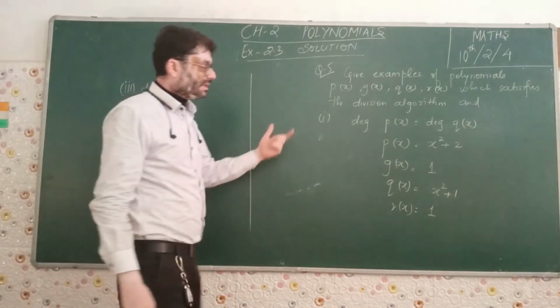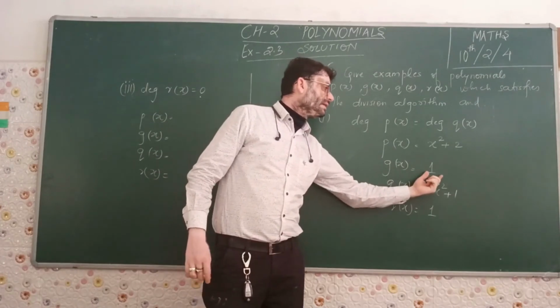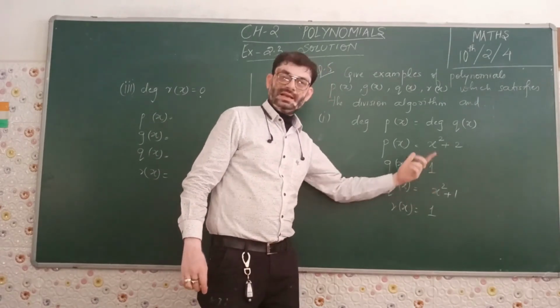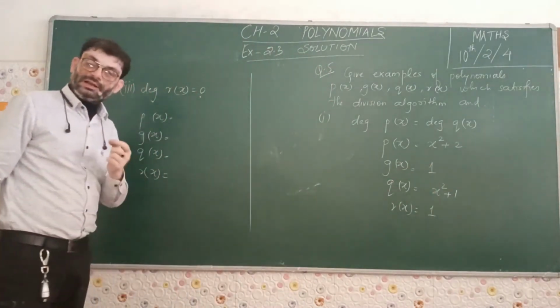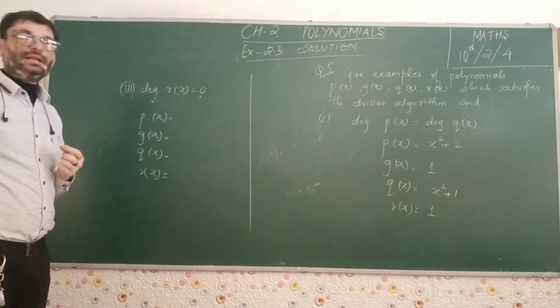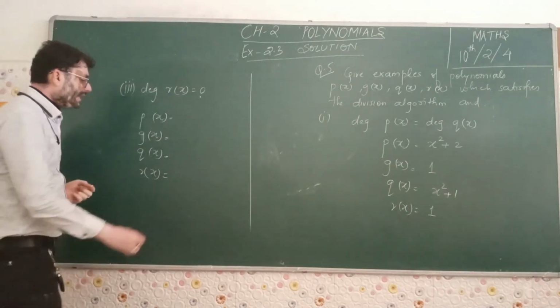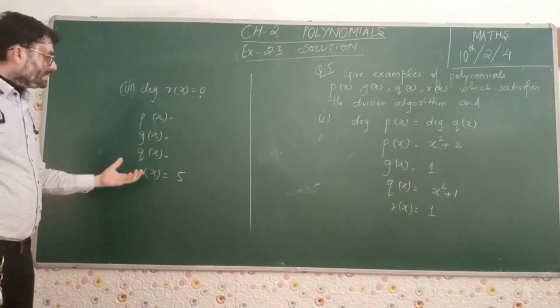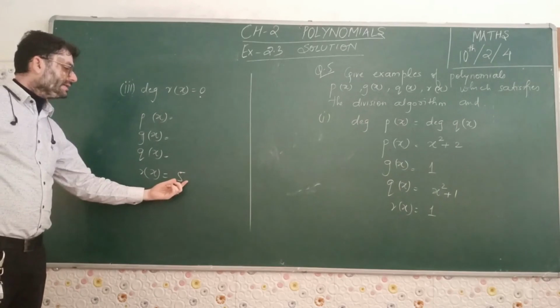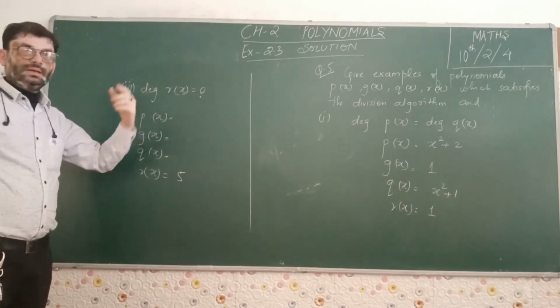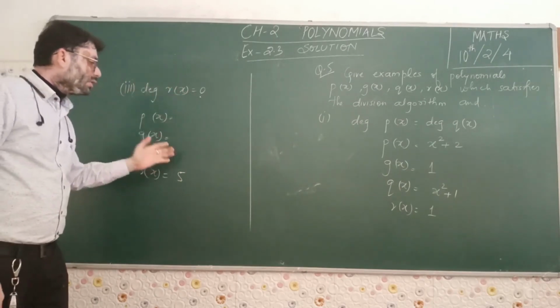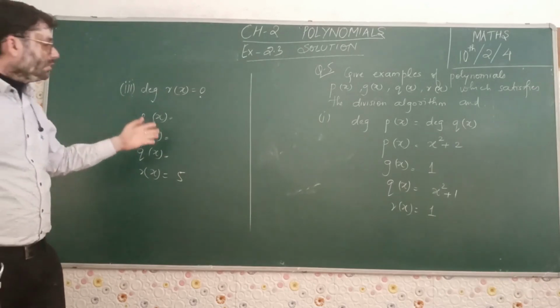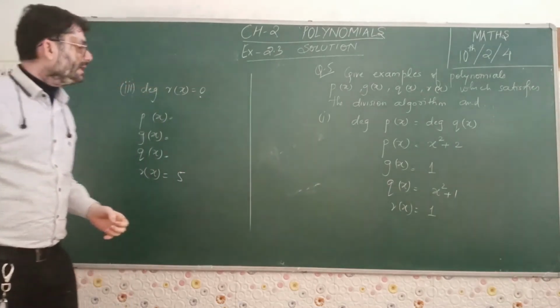We have just seen in the previous example also that 1 is a constant. Here the degree of x is 0. That means each and every constant value will have degree of x to be 0. So we can take any constant value here, say 5, such that this 5 has a degree r of x to be 0. Now these 3 are to be framed by ourselves in order to satisfy the division algorithm.